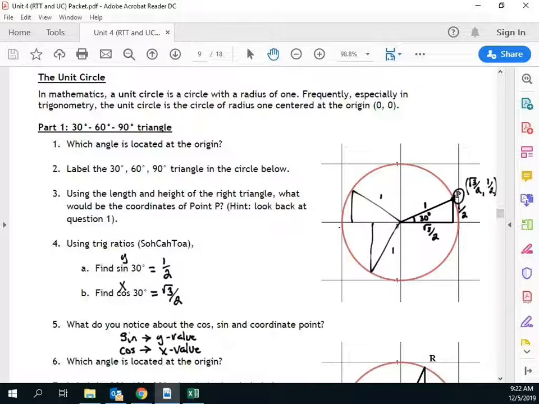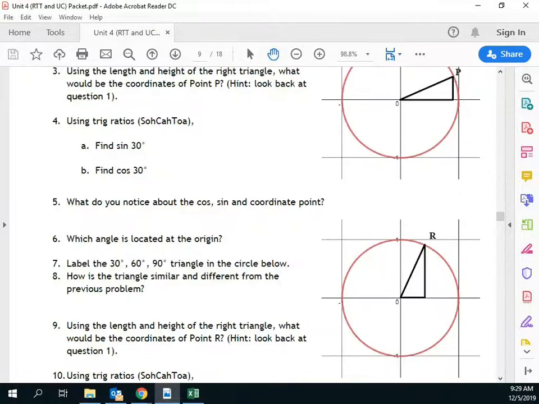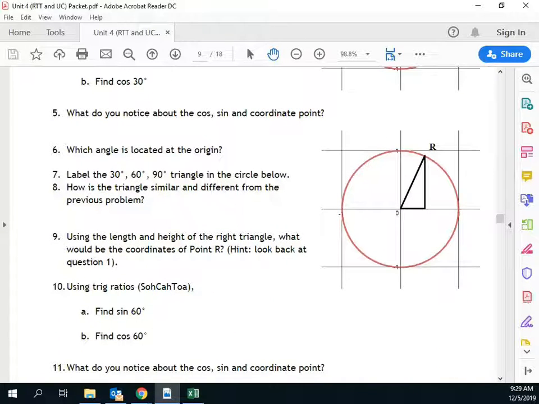And he goes on to say, what's the angle located at the origin? Well, what angle do we have there at the origin, guys? 30. So now let's go ahead and look what it would be like if it was 60.